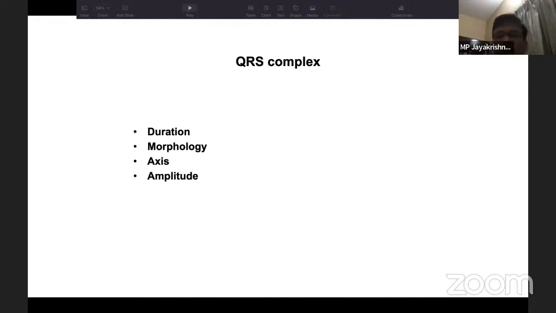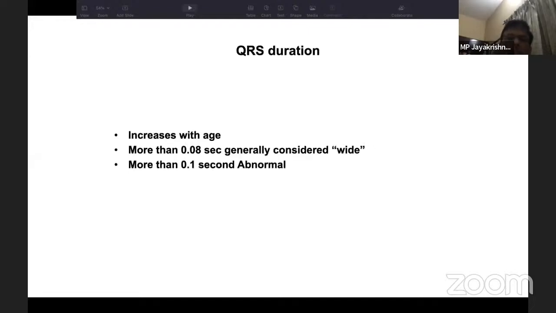One is the duration of the QRS complex, whether it is wide or not. That's an important thing that we are interested in. The morphology of QRS complex, there may be sometimes abnormal morphology. Again, we will come to that when we talk about the case scenarios. The QRS axis and the amplitude and the depth of the R waves and S waves. We'll come to that again after some time.